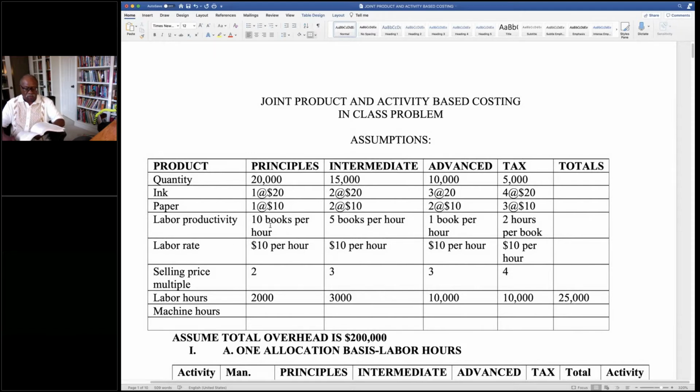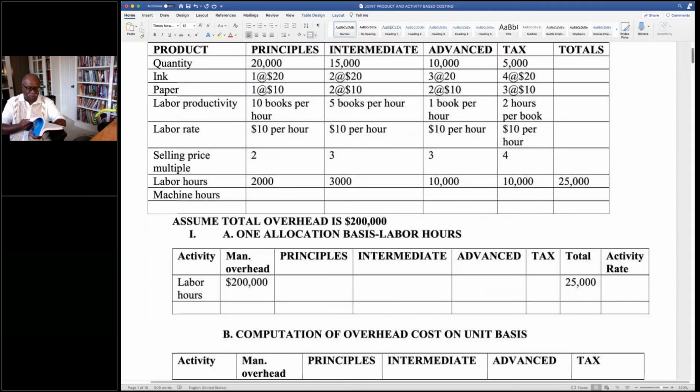So for principals, 10 divided by 10 is 1. 10 divided by 5 is 2. 10 divided by 1 is 10, and then now when you have to multiply because it's 10 hours per book. That's gonna be 20. I'm sorry, 20.